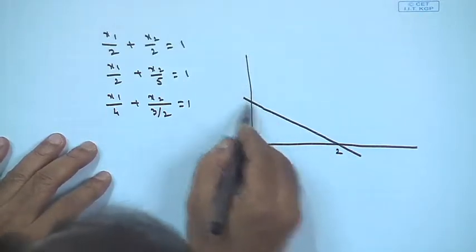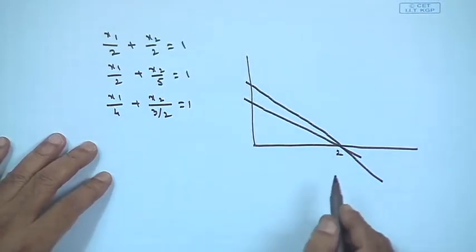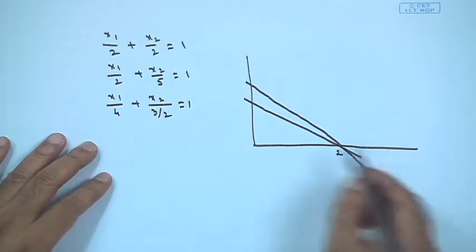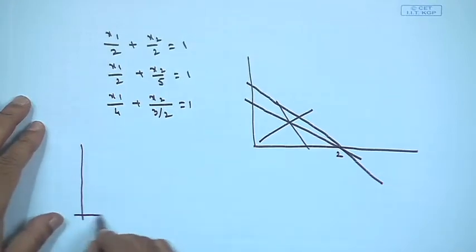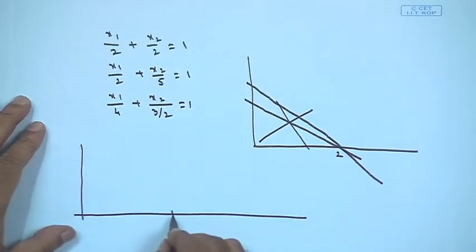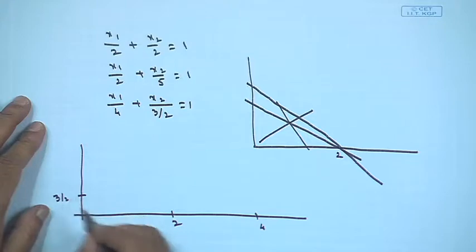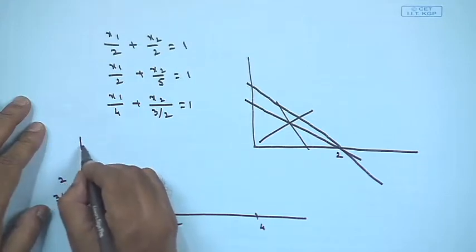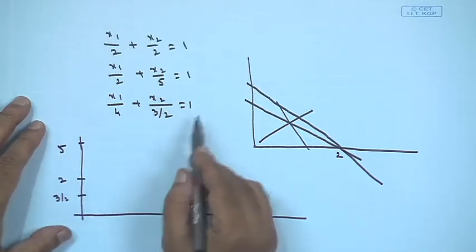I have not drawn it correctly, this is not correct. There will be a point 2 here, a point 4 here, here I need a point 3 by 2, 2 and there will be a point 5. So, there will be 3 by 2 and 4.